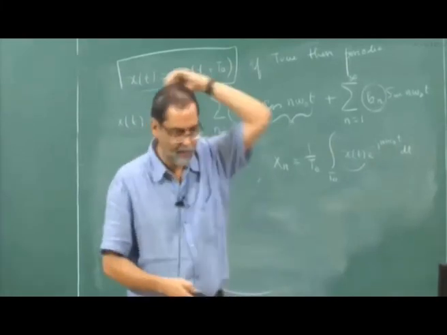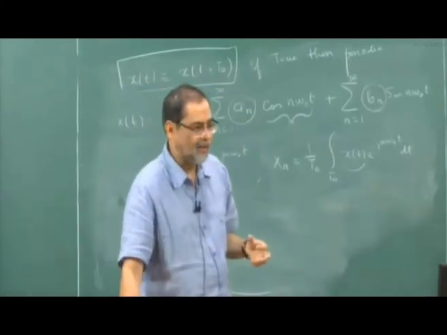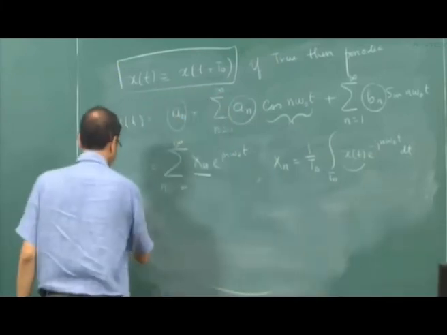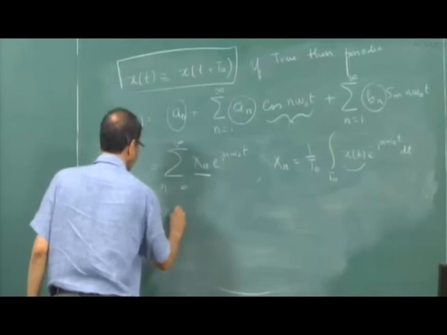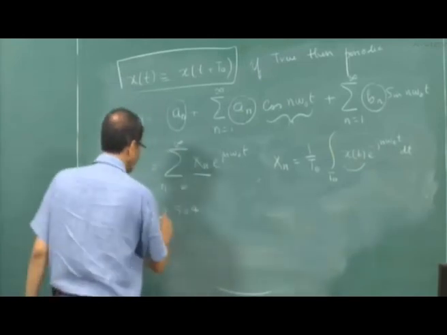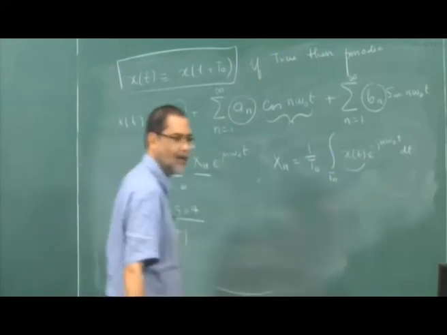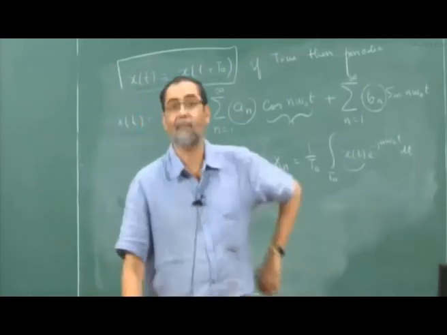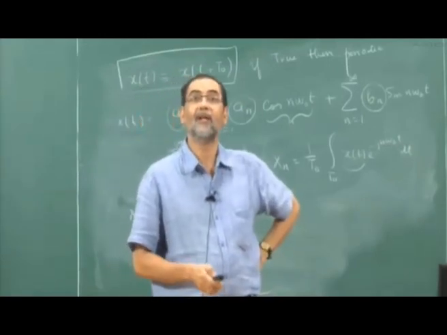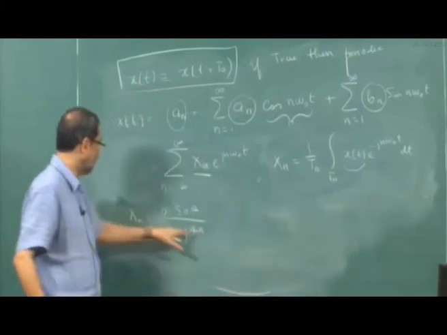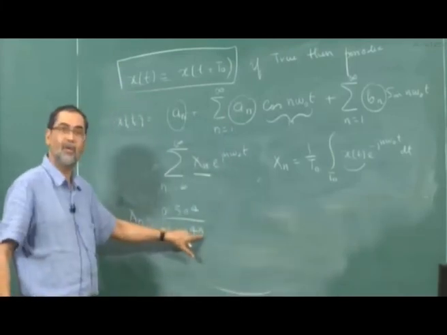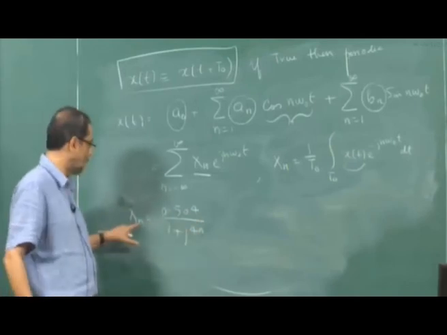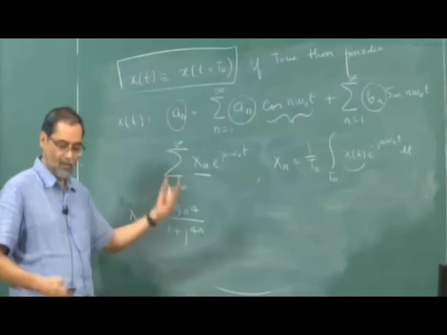Please attempt and do the integration, and it turns out that after doing all that, xn for this particular problem turns out to be 0.504 divided by 1 plus j 4n. That's the xn I get. So n takes values from minus to plus infinity. So just go on substituting values of n here, you get all values. For n equal to 0, it is 0.504. N equal to 1, you get a certain value. N equal to minus 1, you get a certain value, and so on, right.